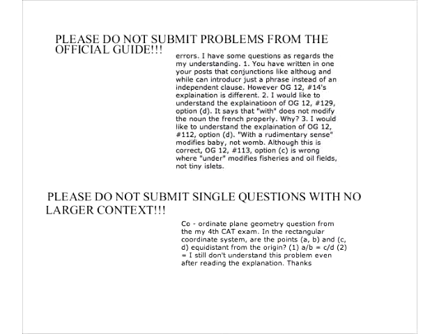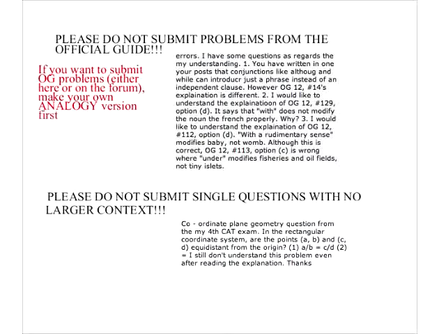It goes for the forums too. If you want to submit OG problems either here or on the forum, you need to make your own analogous version first. In other words, use the same structure but different content. You need to make your own sentence that's like the sentence that you see, but with different words in it.